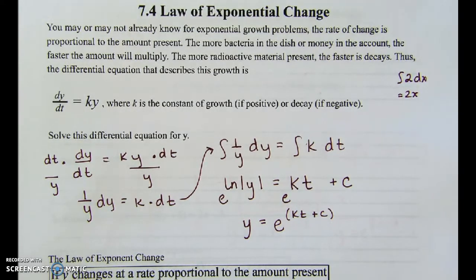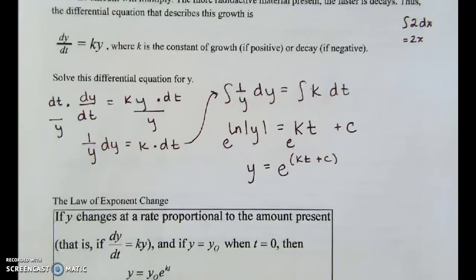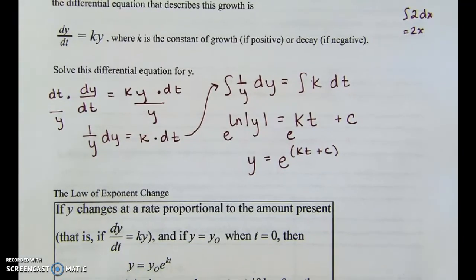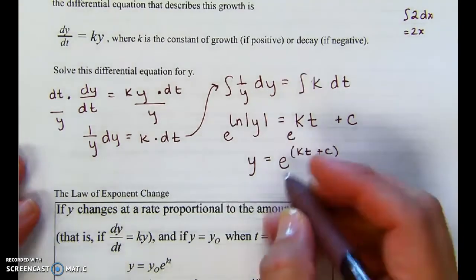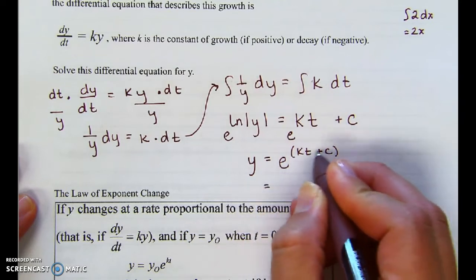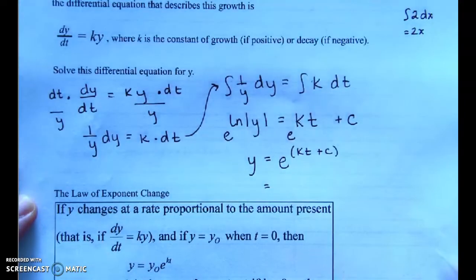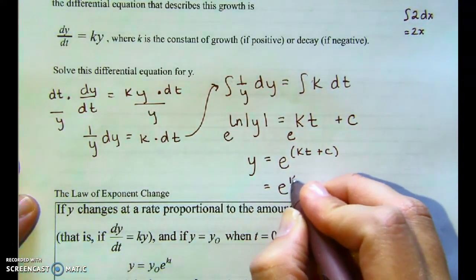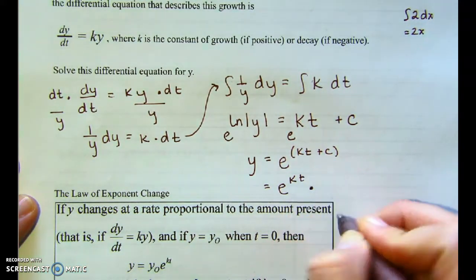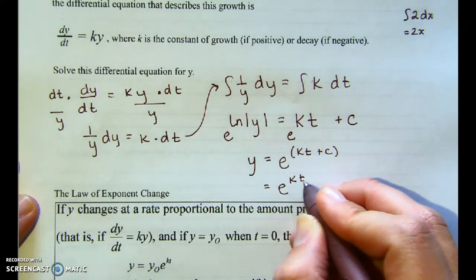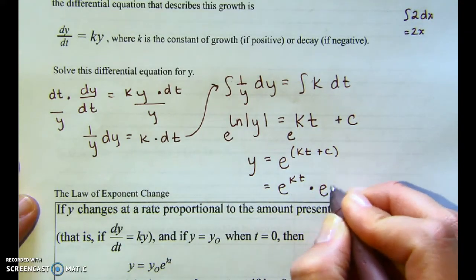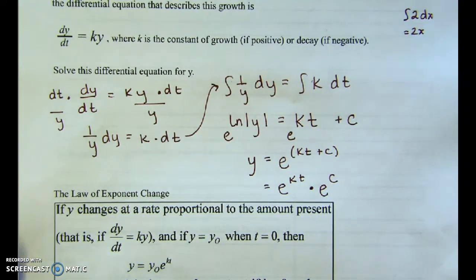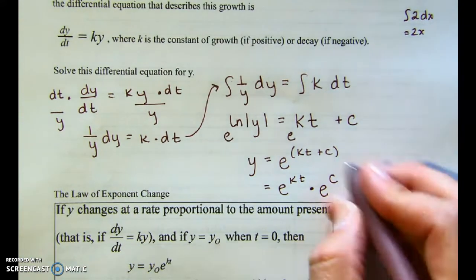Okay, I would love to be done right here, but calculus, they like to keep going. Do you see how the exponents are being added? If you add the exponents, that means the bases are being multiplied. So this is e to the kt times e to the c. You still with me? Then they like to do this.